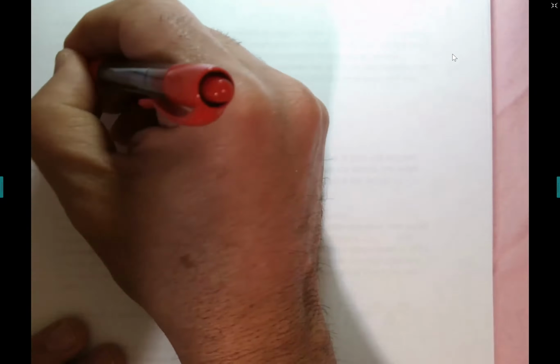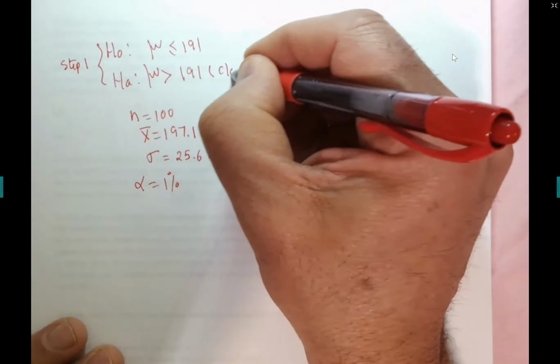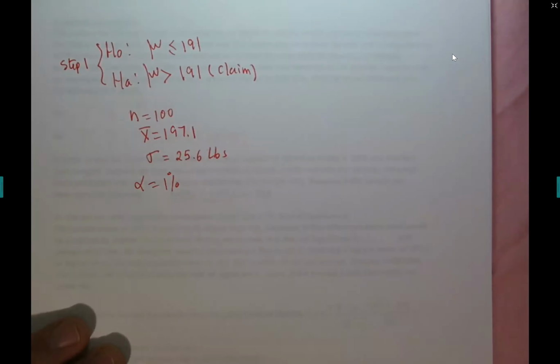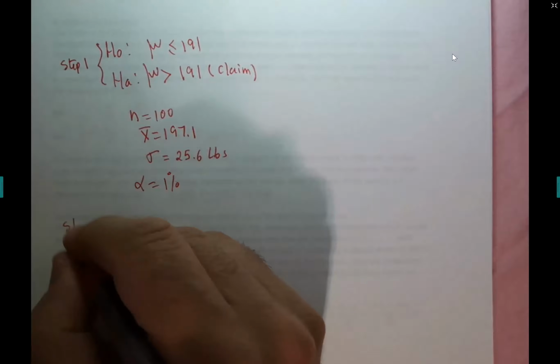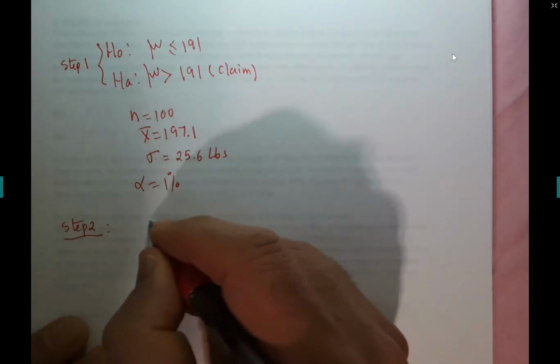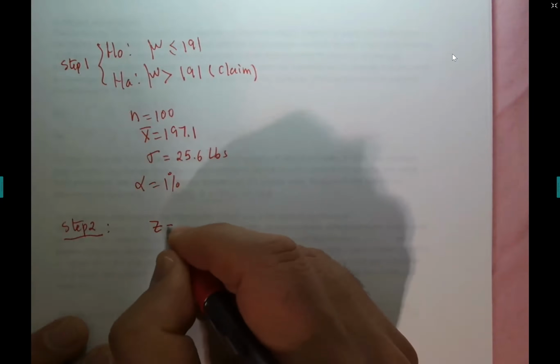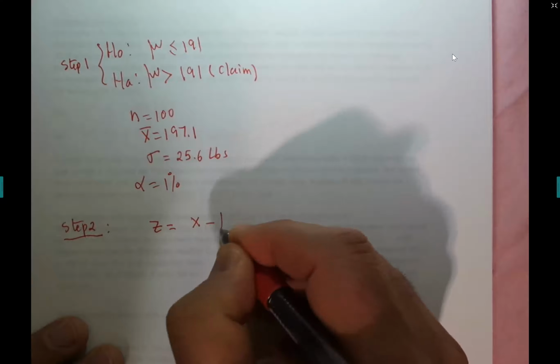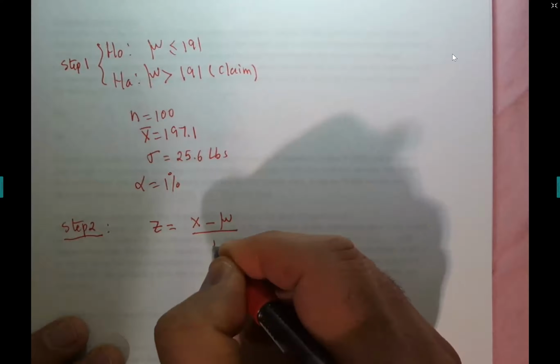So this is the first step. It's called step number 1. State the null and the alternative hypothesis. Okay, let me show you what step number 2 is. This is new. You haven't done that yet. Remember, we have a formula for z-score, which is x minus mean divided by sigma.